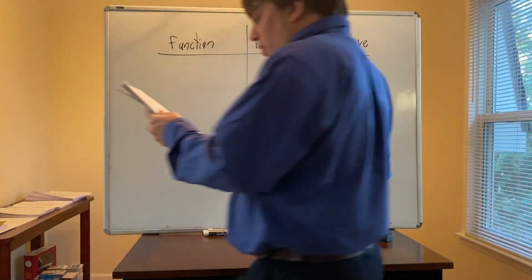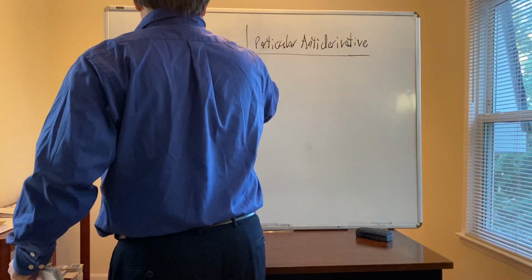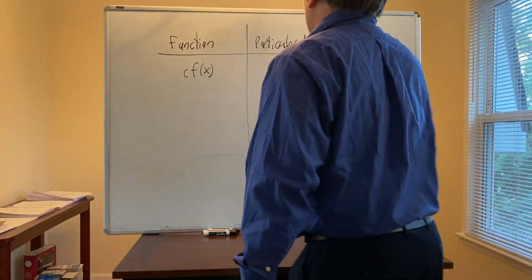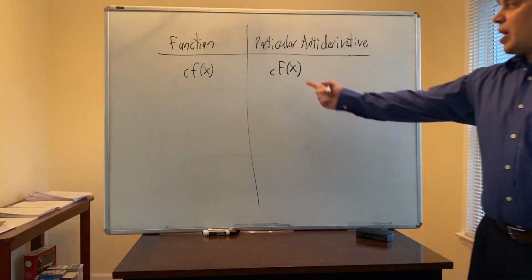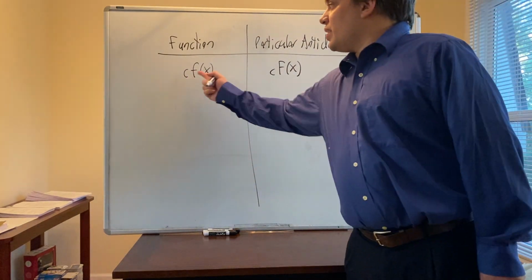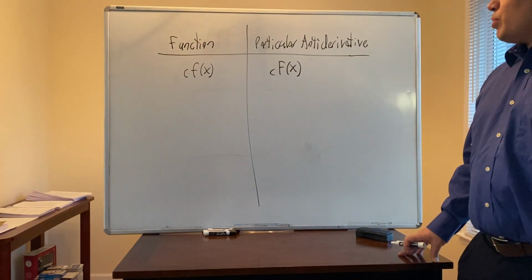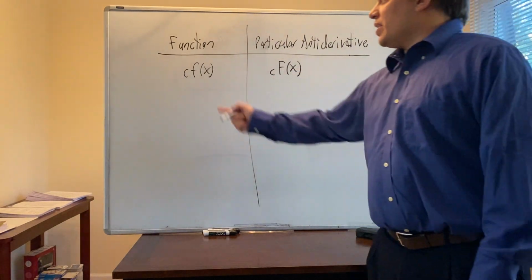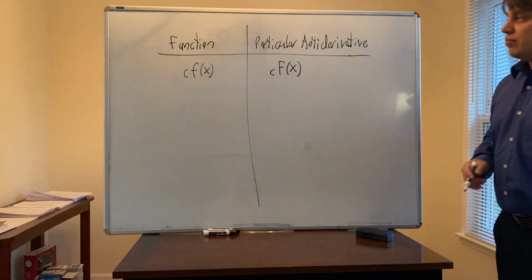Okay? So let's say you have the function c little f of x, a particular antiderivative c capital F of x. And what that means is capital F is an antiderivative of little f. And so if you take a function c times that little f, a particular antiderivative is c times capital F, where capital F is an antiderivative of little f.